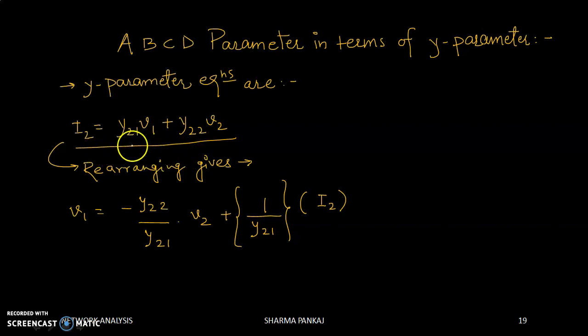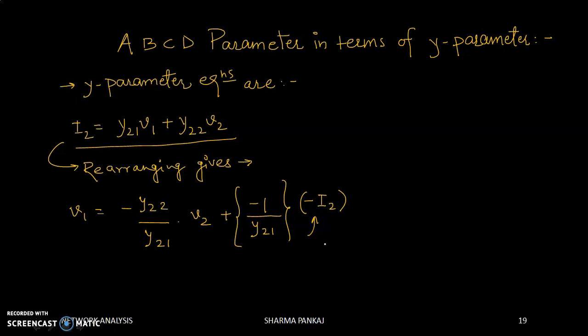That is, keep V1 on one side and send everything on the other side. V1 is equal to minus Y22 upon Y21 into V2 plus 1 upon Y21 into I2. One thing must be noted here: put a minus sign with I2. Minus into minus, nothing changes. Why did I put the minus sign here?